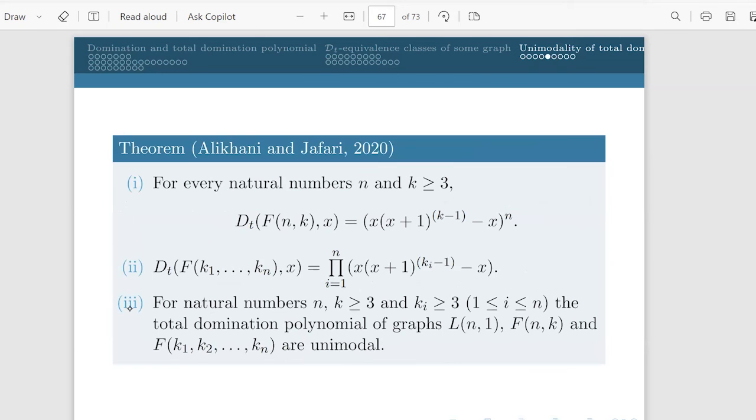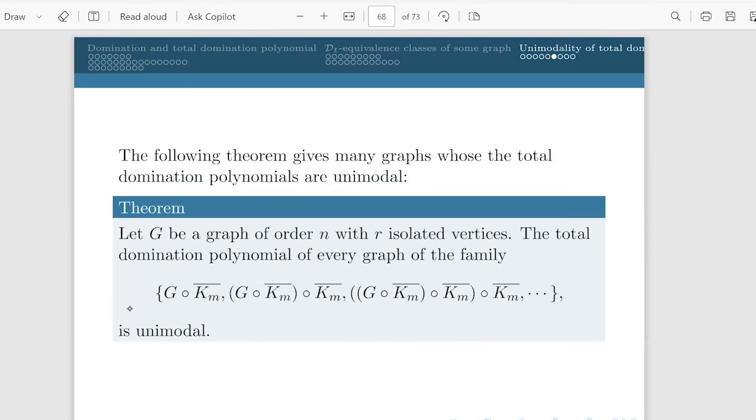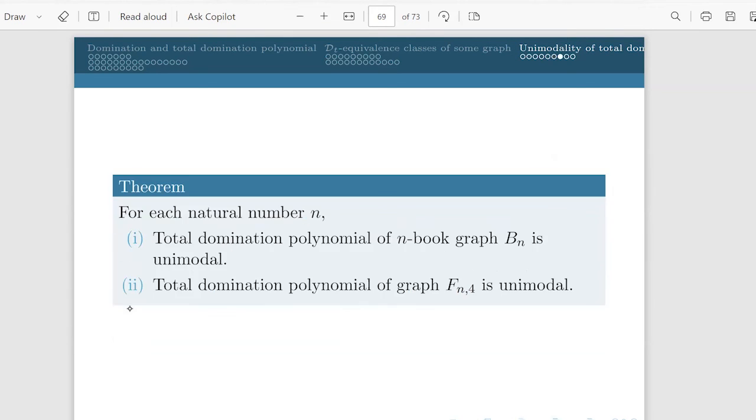Polynomial of this kind of graph, for example, this kind of graph has a unimodal total domination polynomial. The graphs that have a unimodal total domination polynomial you can see in this theorem.